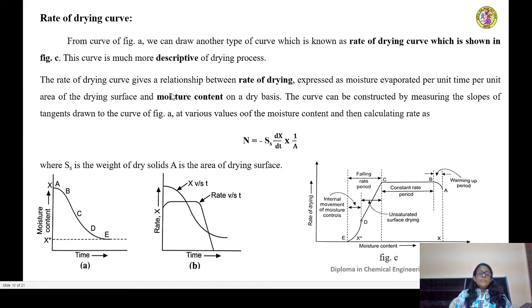The rate of drying curve gives the relationship between the rate of drying, expressed as moisture evaporated per unit time per unit area of the drying surface, and the moisture content on a dry basis.